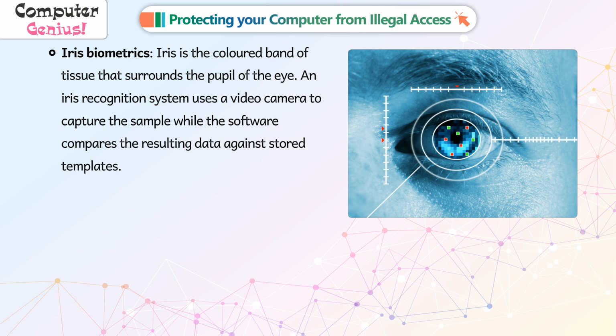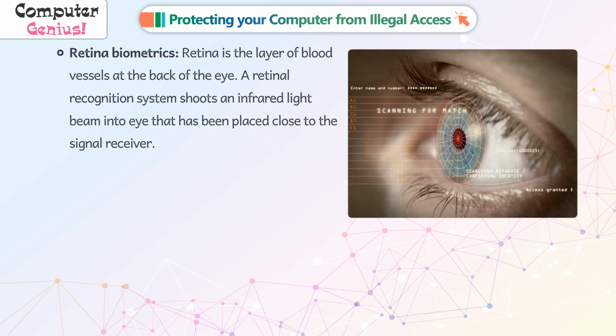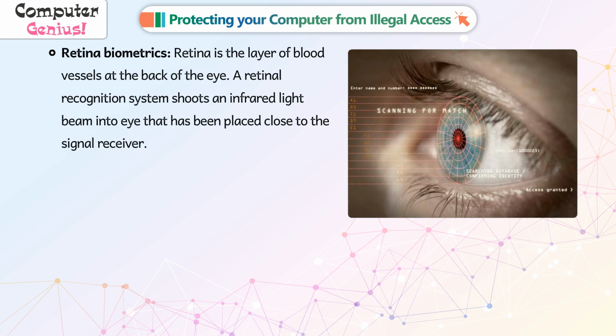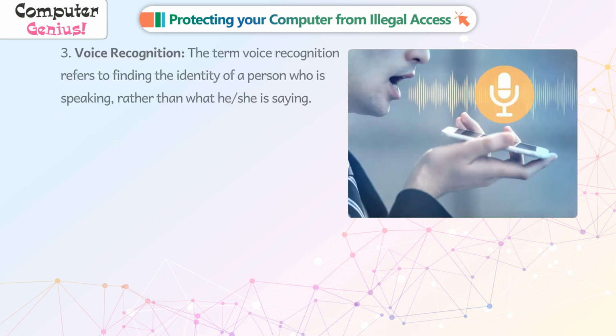An iris recognition system uses a video camera to capture the sample while the software compares the resulting data against stored templates. Retina biometrics. Retina is the layer of blood vessels at the back of the eye. A retinal recognition system shoots an infrared light beam into eye that has been placed close to the signal receiver.